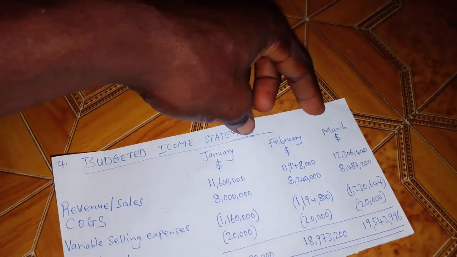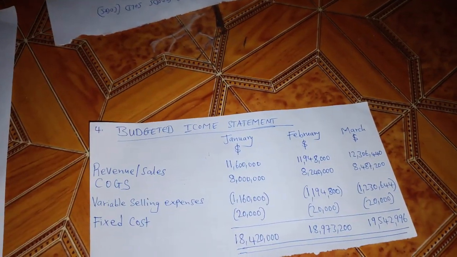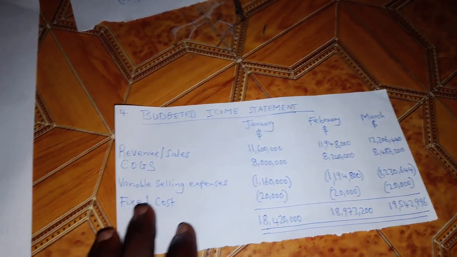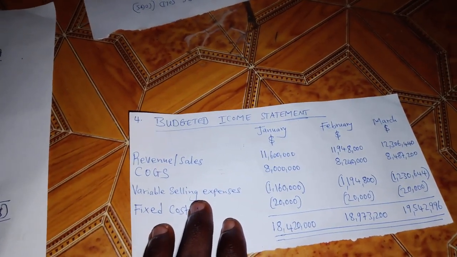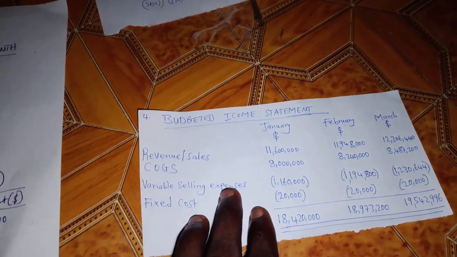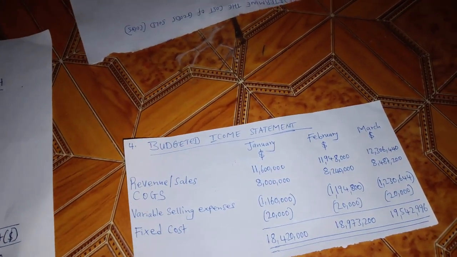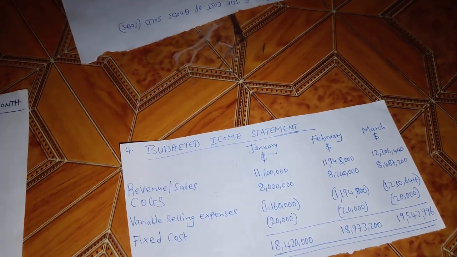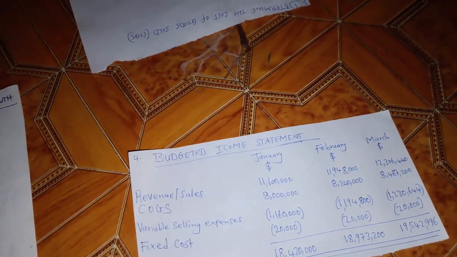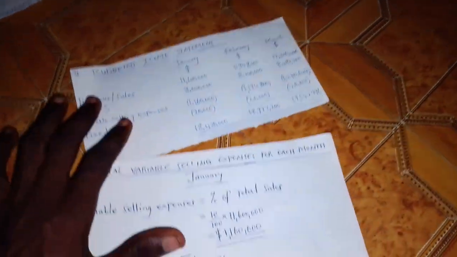Then the next item we consider is our variable cost or variable selling expenses. Of course, we calculated it. This is our variable selling expenses for January.